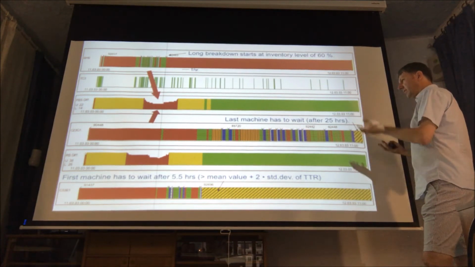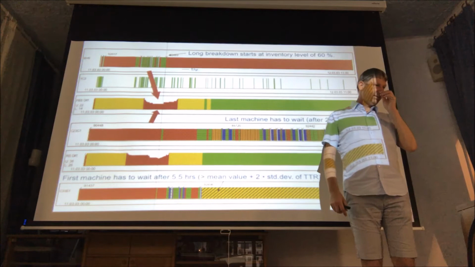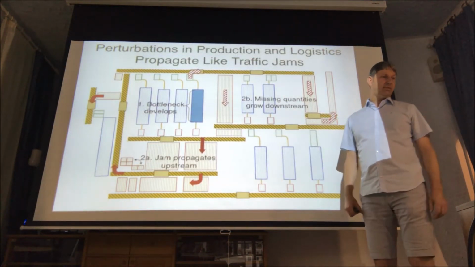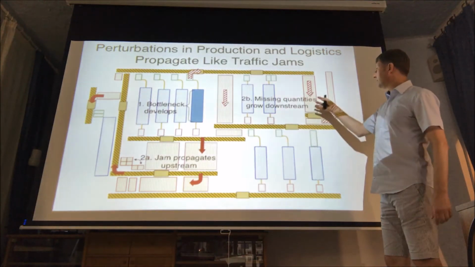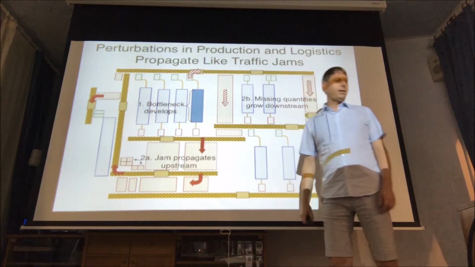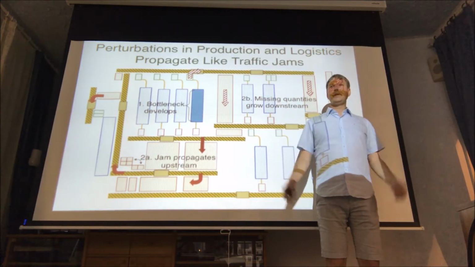And then you have very similar dynamics actually as on a freeway. So basically, a bottleneck develops, missing quantities grow downstream, jams propagate upstream, and you have a mess everywhere in your factory.